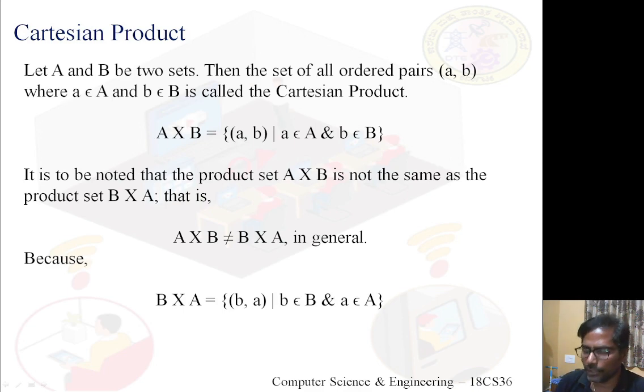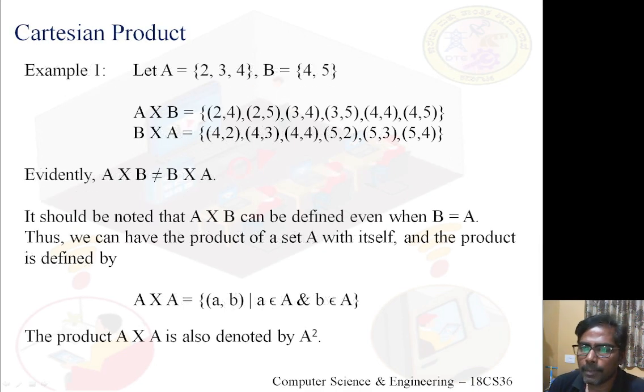Got it? So now for this example, for A cross B, I need to list all possible ordered pairs of the form a comma b, where a is an element of set A and b is an element of set B. As you can see in the example, for the element a of the ordered pair, there are three possible values 2, 3, 4.